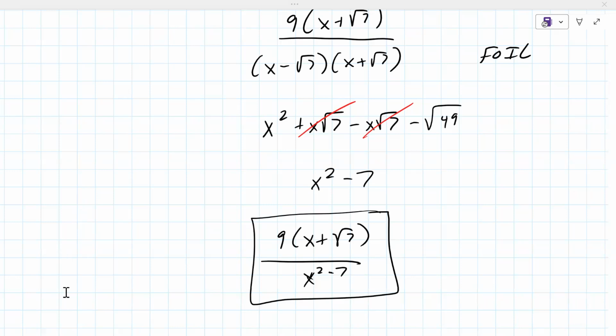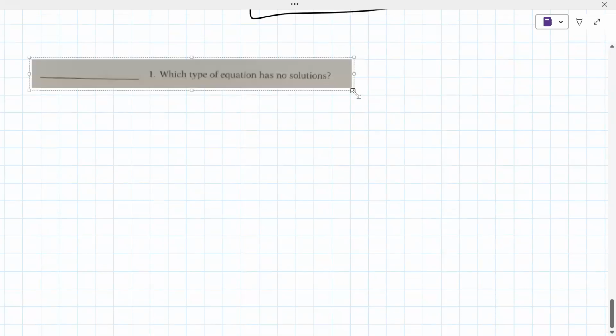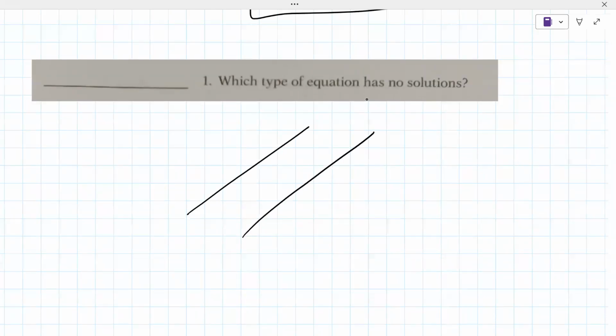Excellent. All right. Number 1 here. Which type of equation has no solution? I mean, this is pretty broad. The thing that first came to mind is equations that are parallel. I actually have no idea what they're asking for here. It has no solution if the variables go away.